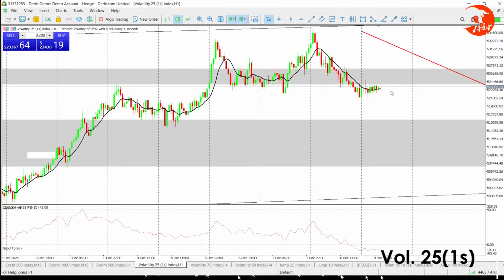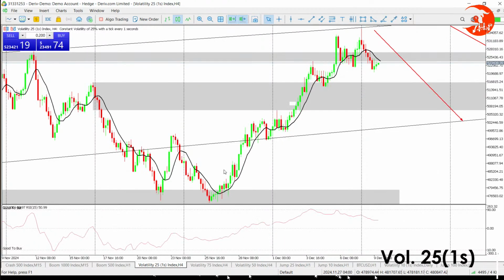So what do we do? When we look at H1, it's already showing that it is oversold. But I want to look at H4. H4 is showing me sells. Let me first look at the failure to create a new high there.